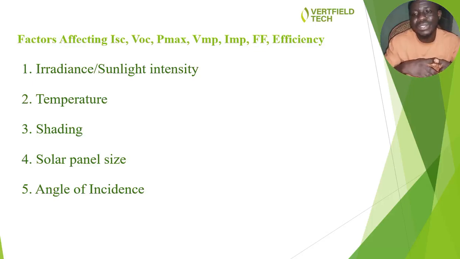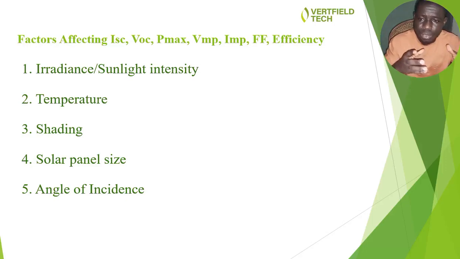Yes. So just as you have seen, at standard test condition, your irradiance is put at 1000 watts per meter square. It simply means that, give or take, below that, you will not have the efficiency of your solar panel work well. Above that, you might have your solar panels malfunction. That is true.